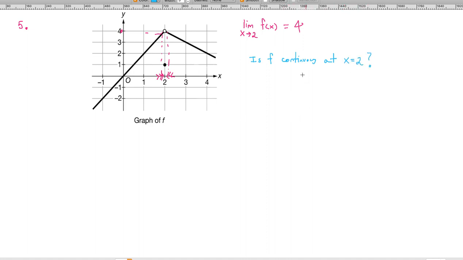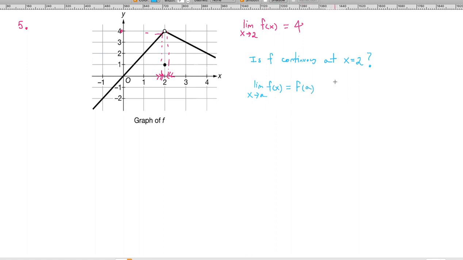Now, to investigate this question, you must know the definition of continuity. So the definition of continuity is that the limit as x goes to a of f of x equals f of a. That means that the function is continuous at a.